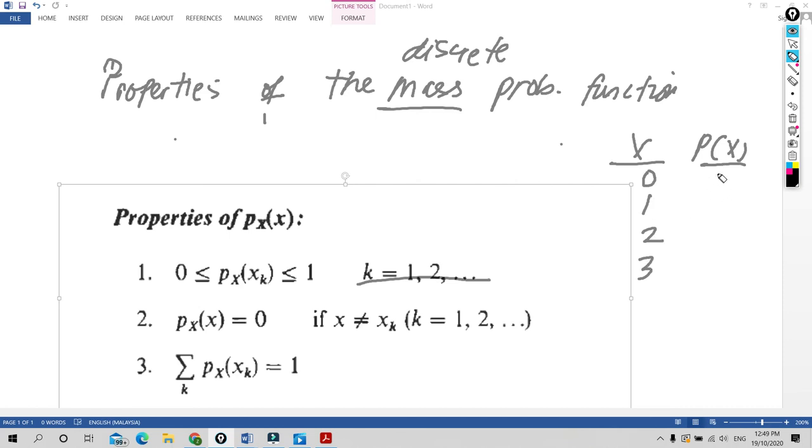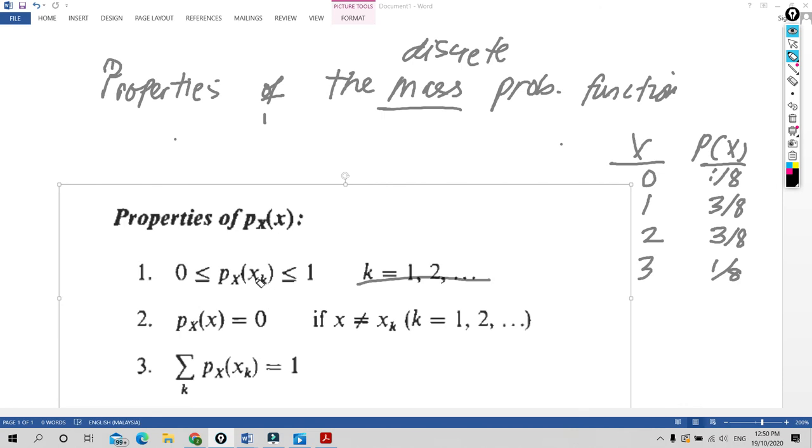So I have 1 over 8, then 3 over 8, and then 3 over 8, because there are 3 ways to get 1 head and 2 heads, and then for 3 heads, that's 1 over 8.